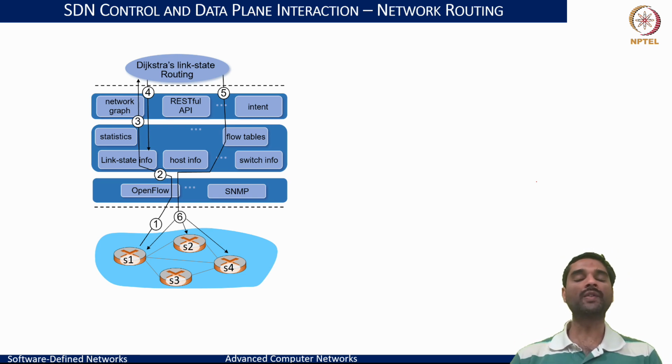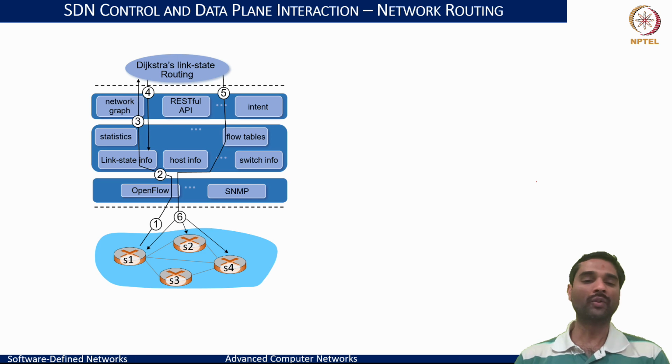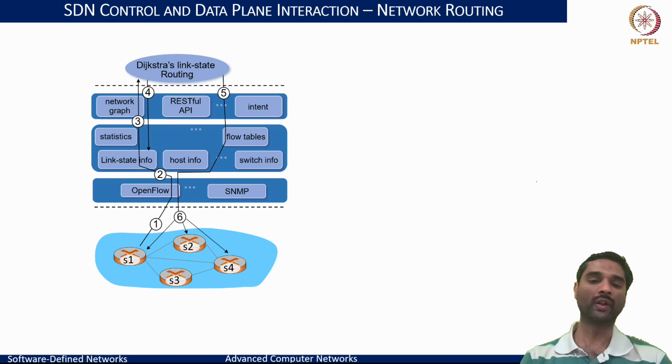Unlike typical link state routing, where all of the routers have to flood, there is no need for these routers to flood any packets amongst them to build the topology information. Instead, they communicate their port status and link connectivity information to the controller.